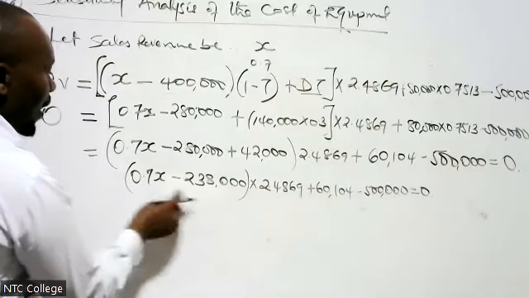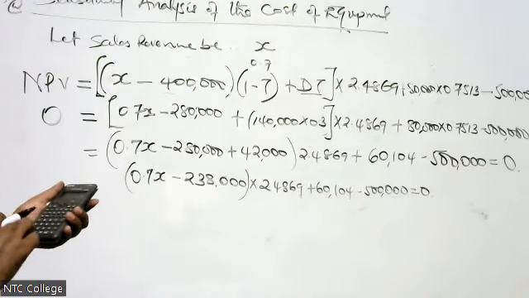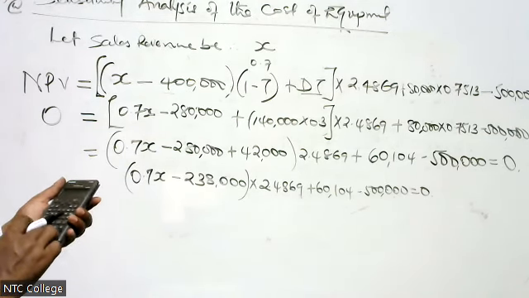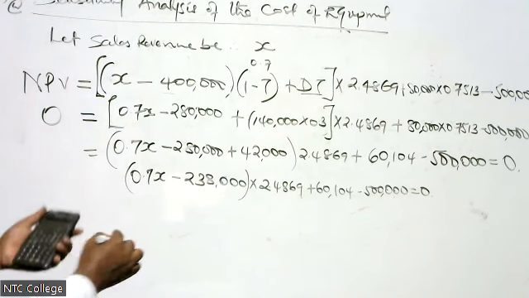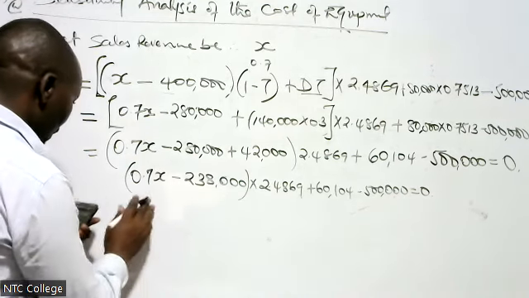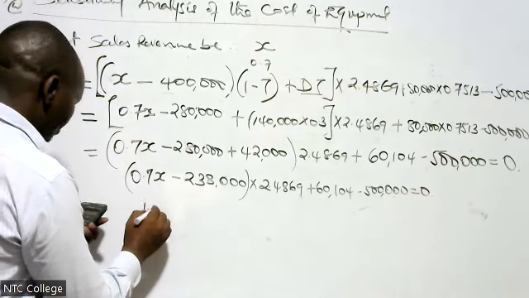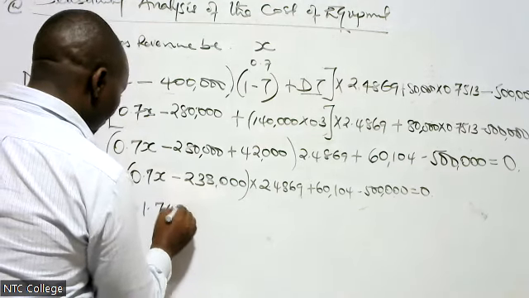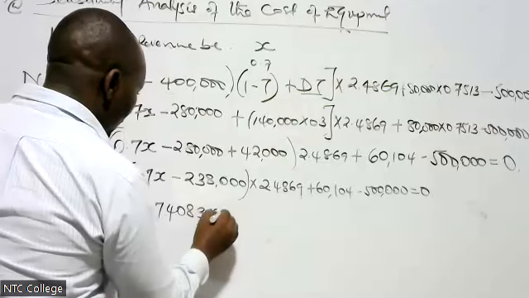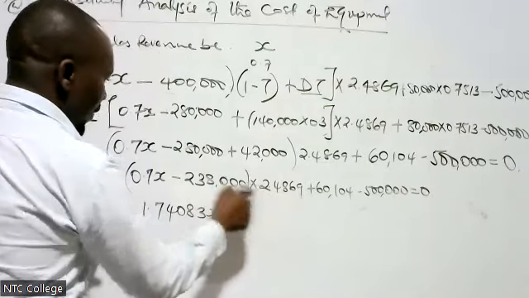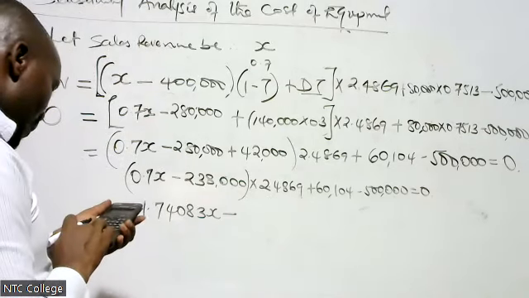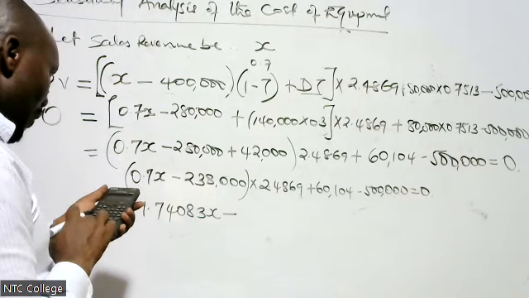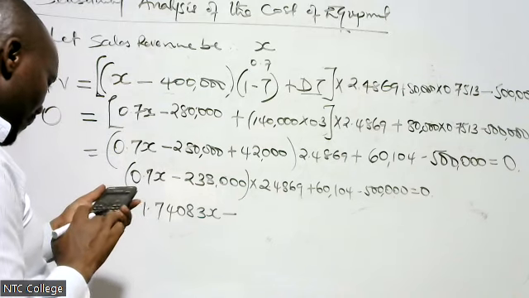So multiply for me this upper. What do you get? We are getting 0.7 times 2.4869. That is 1.74083x minus this times this, 283,000 times 2.4869.